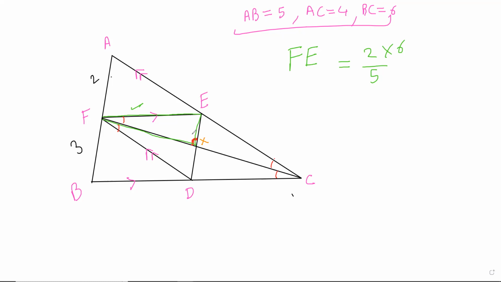Finding FX should not be trivial, because FX is half of FC, and FC is the length of the angle bisector. So one can find it. There is a formula, not so specific for the angle bisector, which I will discuss. You can find FC, then you can find FX, and then you are done.